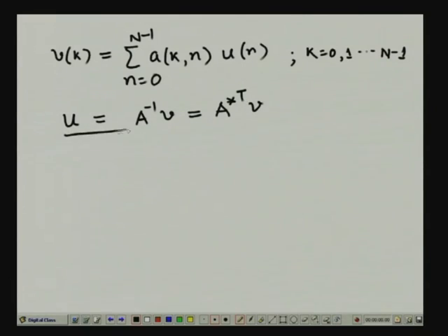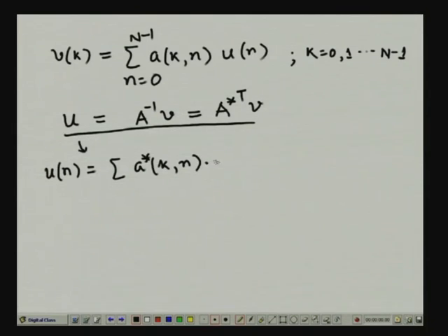If I represent this same equation in the form of a series summation, it comes out to be u n is equal to summation of A star k n times v k, where k varies from 0 to n minus 1, and this has to be computed for all values of n varying from 0, 1 up to n minus 1.